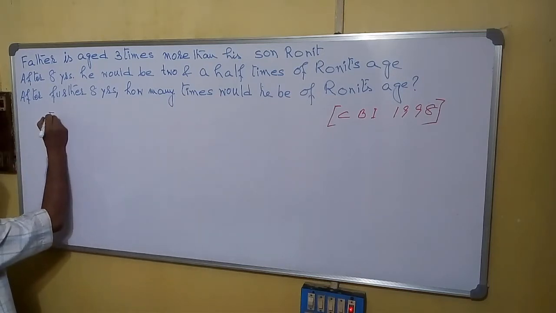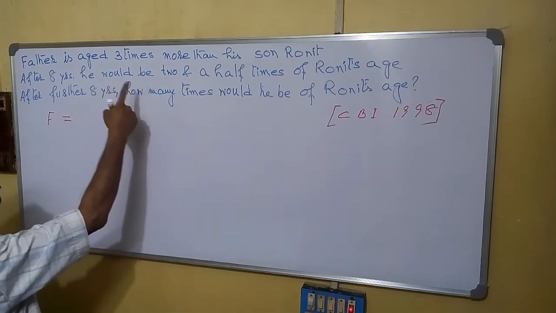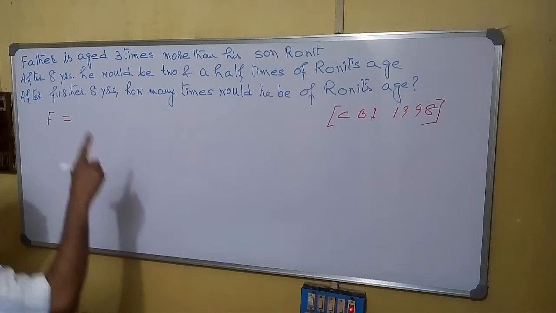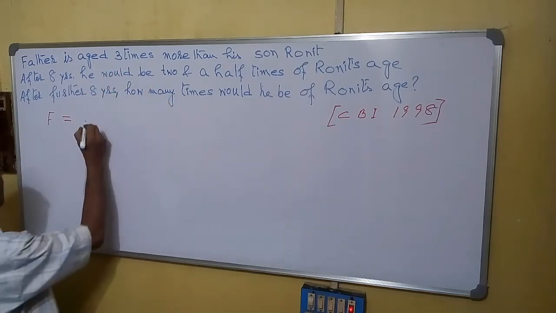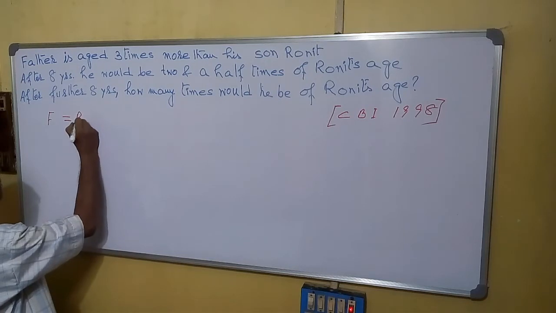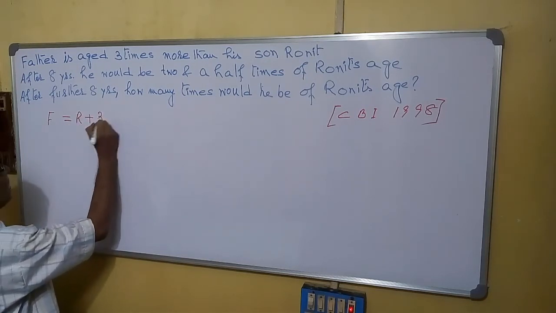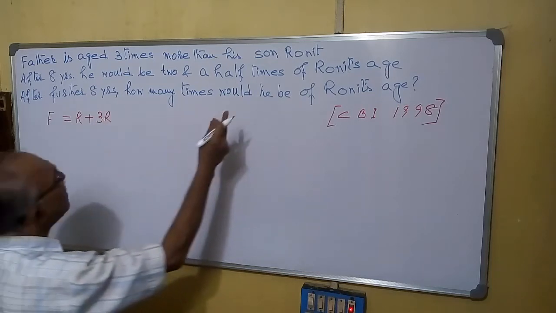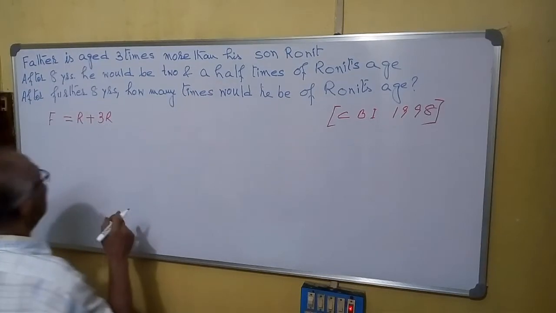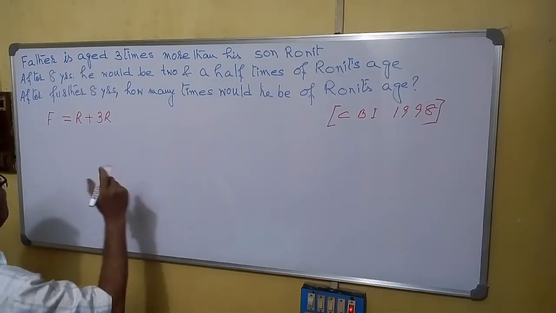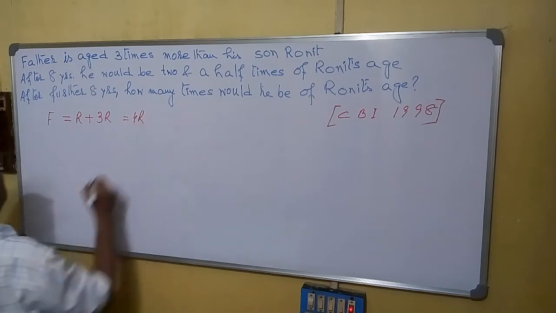So father's age equals 3 times more than his son Ronnie. See here carefully. If Ronnie's age is R, so father's age is R plus 3R. Don't write it as 3R, it is 3 times more than. That means this equals 4R.